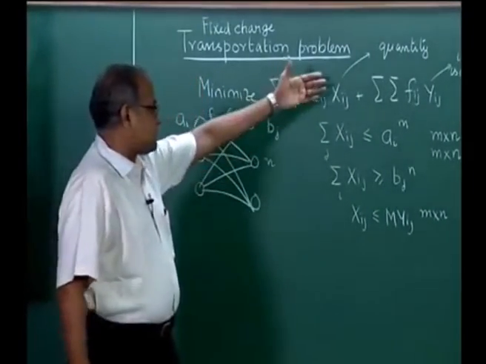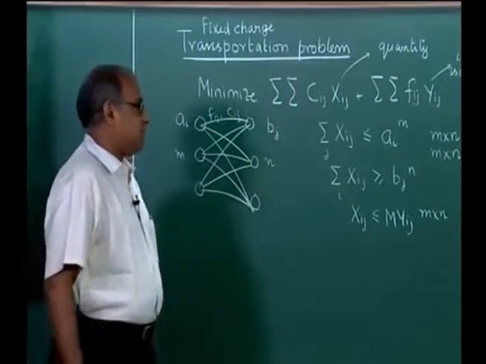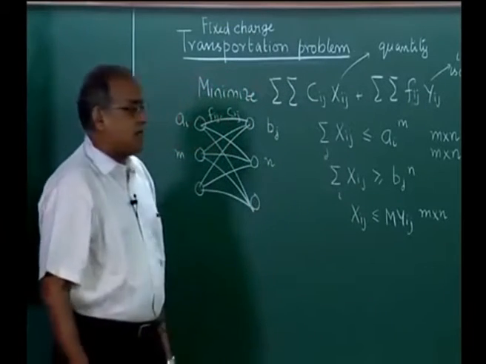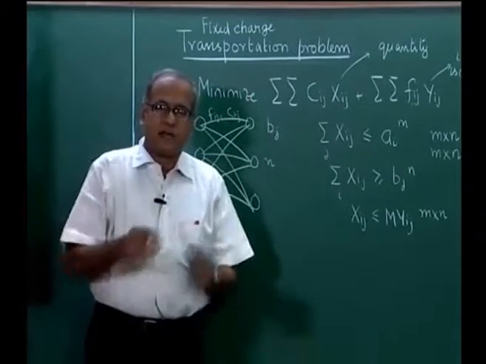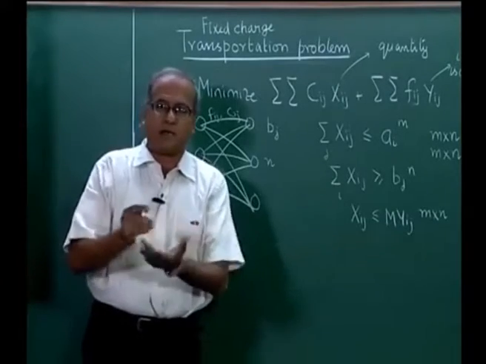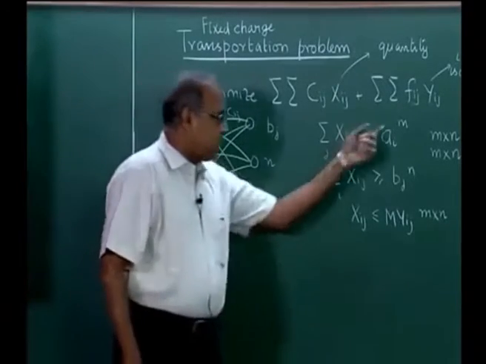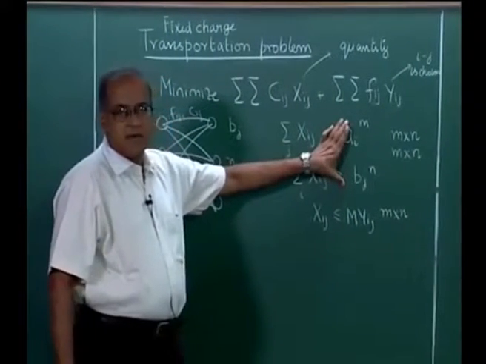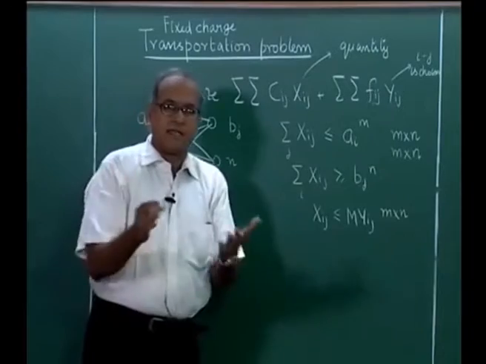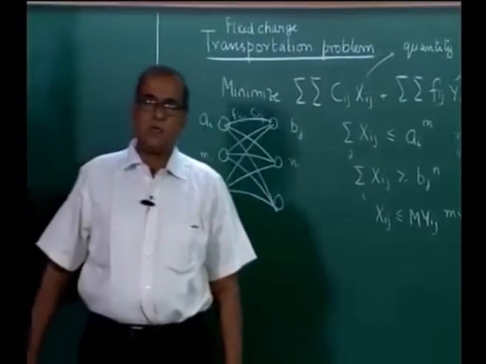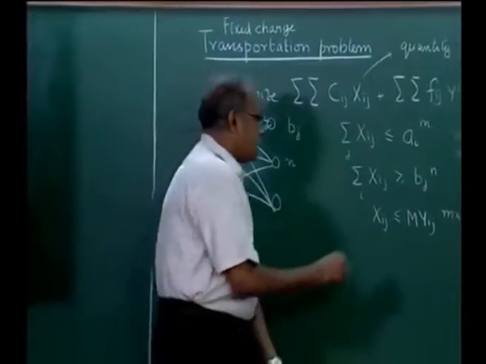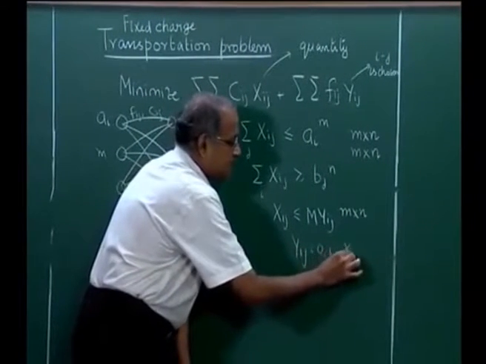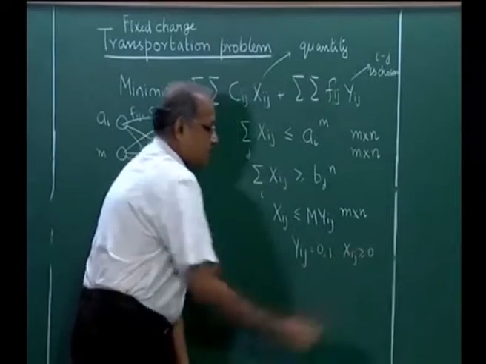So this fixed charge transportation problem, which has an additional fixed charge on the arc, will have 2 into mn variables, where mn are binary and the other mn are continuous, and it has m plus n plus mn constraints, where m and n are the supply and demand constraints and the mn are the linking constraints that link the Xij to the Yij. So Yij's are binary and Xij are greater than or equal to 0.